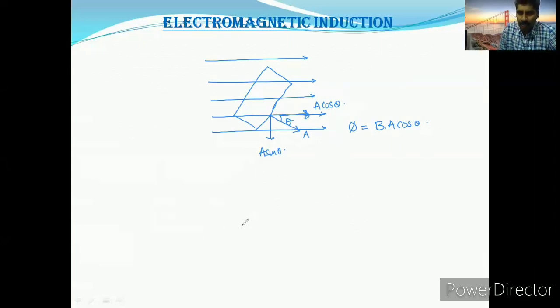In the case of a non-uniform magnetic field, we can take a small element, or we can calculate using integration with limits. We can write phi is equal to the integral of B ds. We take a small element ds and integrate, adding with the limits, so we get the complete value.